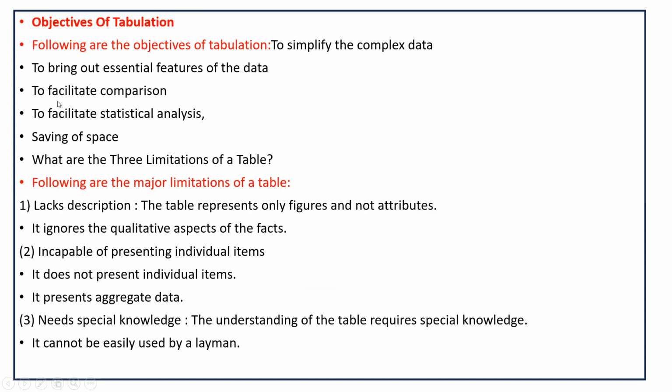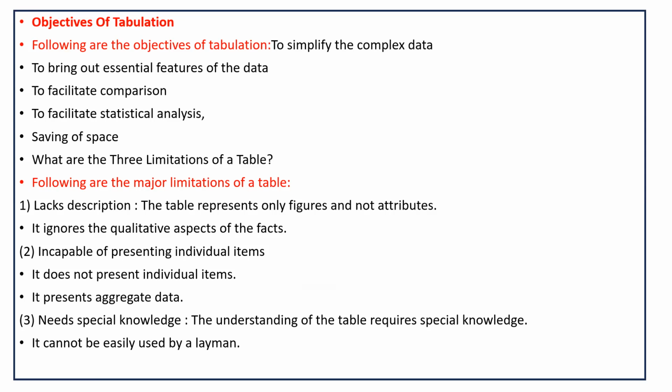The second objective is to bring out essential features of the data. Whenever you have analyzed the data and put it in the form of a table, you can very easily find which are the essential features, which are weak features, what the strong points are, which are weak values.